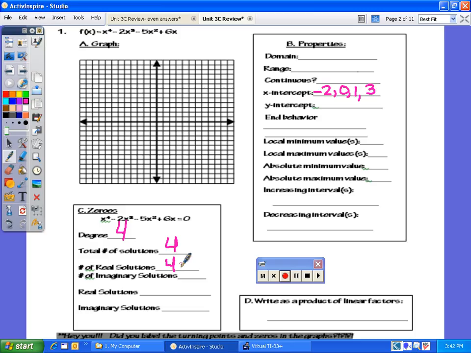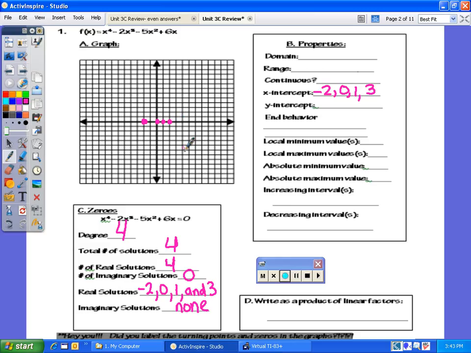So 4 minus 4 gives me 0 imaginary solutions. So the real solutions, I'm going to write them again. And as for the imaginary solutions, I have none. Alright, so tomorrow, please make sure that you remember to label your real solutions on here.